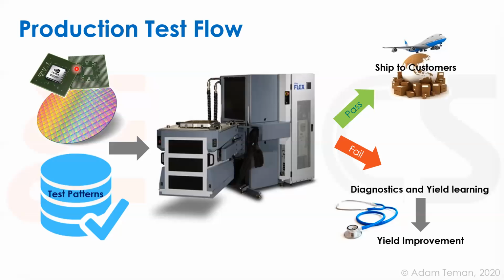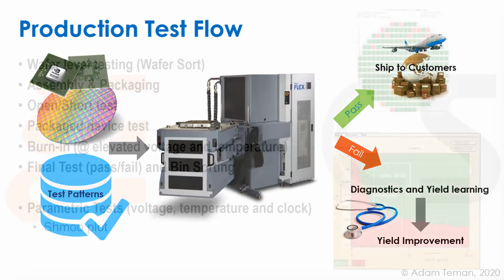We're going to do it first on the wafer and then on the packaged chips. We're going to stick these into the tester, and if the tester says it passed, then we can sell it. If it failed, then we're going to maybe throw it away and maybe go through diagnostics and yield learning and try to improve the yield and see how we can make our yield go up.